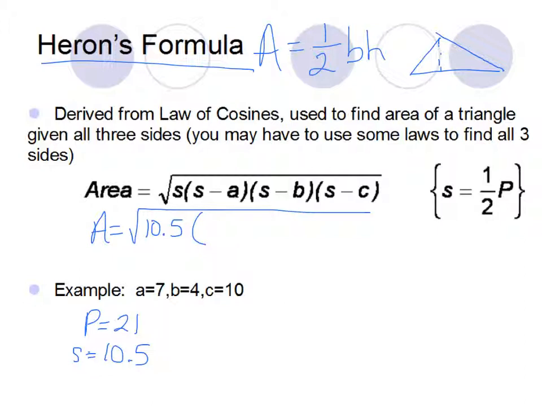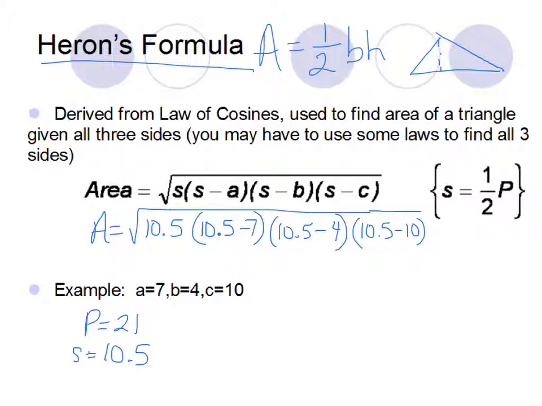I kind of like you to do some mental math, but since it's notes, I'll write it out. 10.5 minus 7, we should know, is 3.5. All right, and then you've got 10.5 minus your b value, so that's going to end up being a 6.5. And then the last one, I've got 10.5 minus c. Okay, well that's just going to be 0.5.